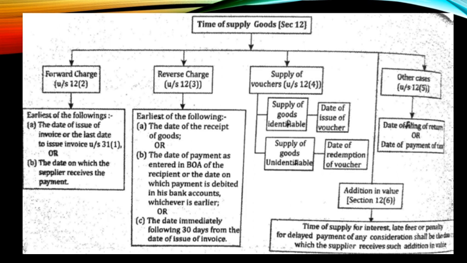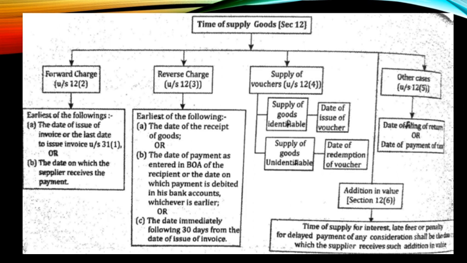Among these three, whichever is earliest will be considered as the date of payment received by the supplier. Now, among these dates, whichever occurs earliest will be considered for forward charges.